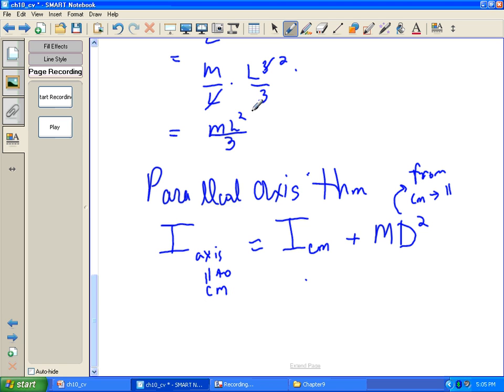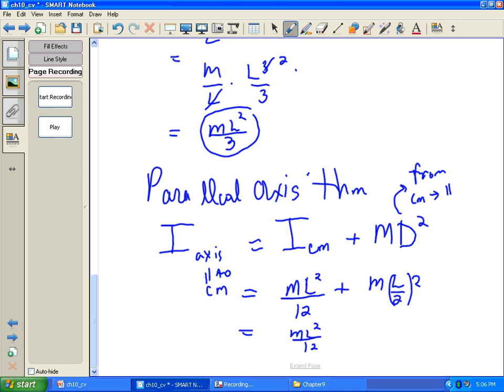So let's see how we could have eliminated having to do this integral right here. If we know that the moment of inertia through the center of mass, as we just worked out, is ml squared over 12, we take that and we add m times, well, let's see, the center of mass is at L over 2 from the end, so we take L over 2, square that, and this gives us ml squared over 12 plus ml squared over 4.